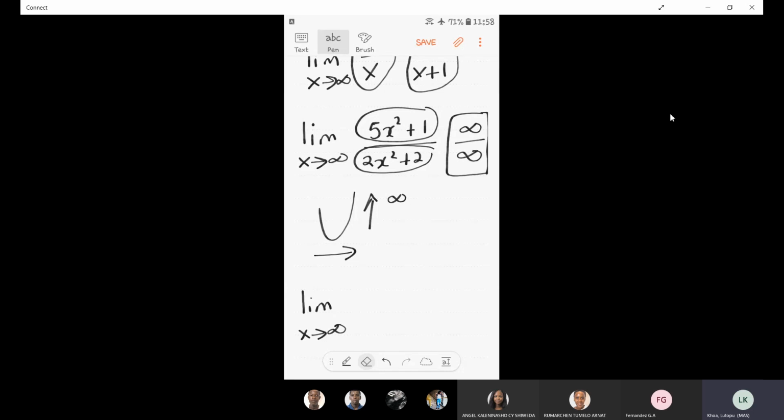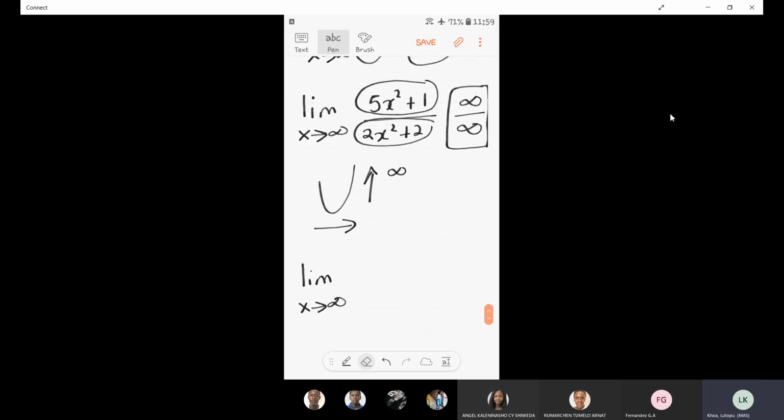This is x squared, that is x squared, so they're both of degree 2. And what you would do is you would factor out the highest degree of x that you have. Okay, so whether it came from the numerator or the denominator, it doesn't matter. That is what you would factor out. So here, what I have is 5x squared. I will factor this out. And then I have 5 plus 1 over x squared.